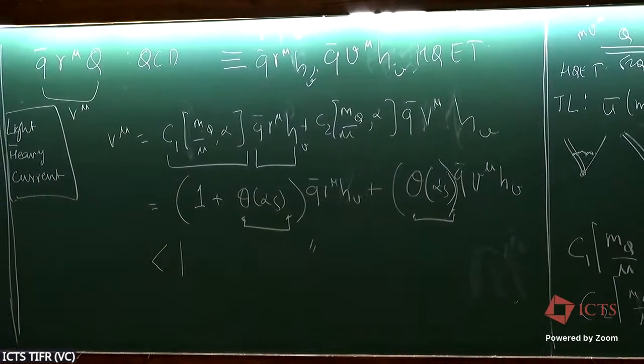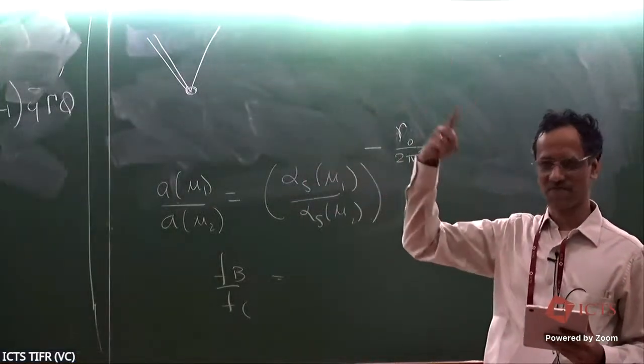Let me go to the bottom line here. Now let me calculate FB by FC. The A's are these functions that I introduced earlier.